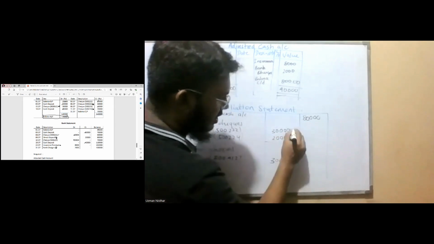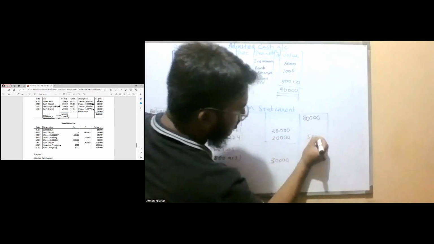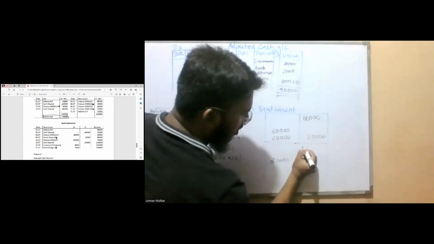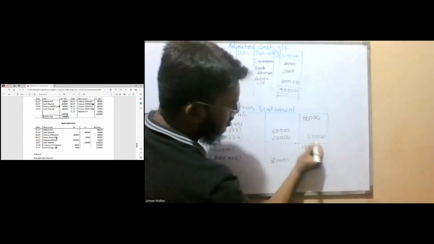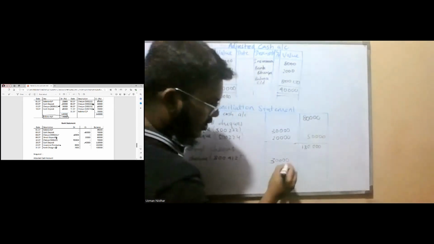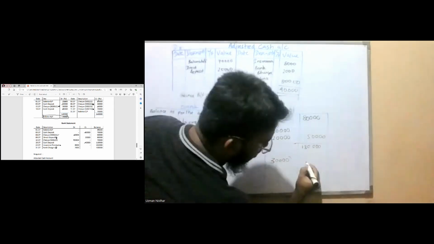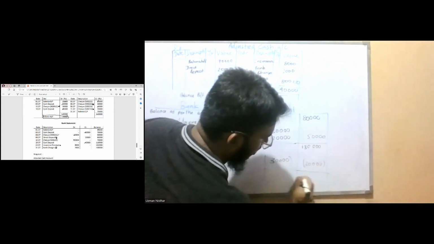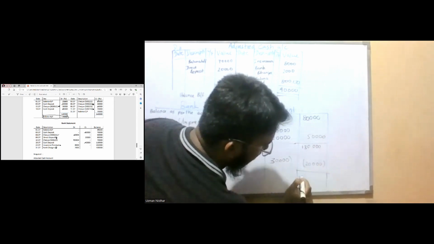So we take the total here, 50,000, the addition of these two, and then add to 80,000. We get the answer 130,000. Then we have to subtract this, because unrealized checks. So 30,000 we subtract from here, and in total we get 100,000.